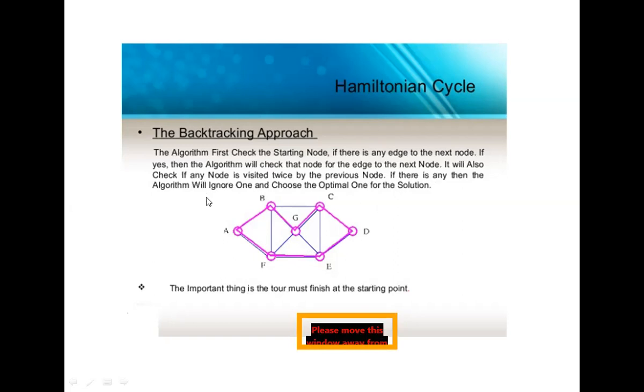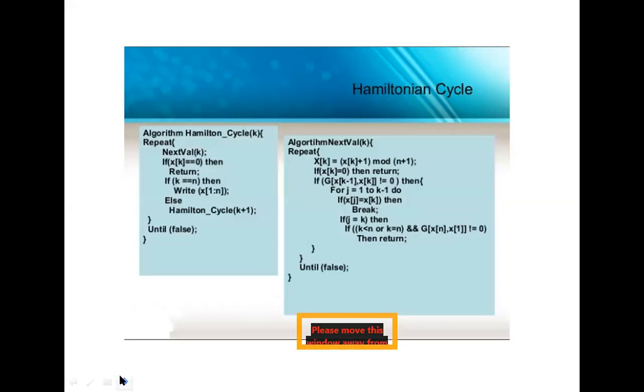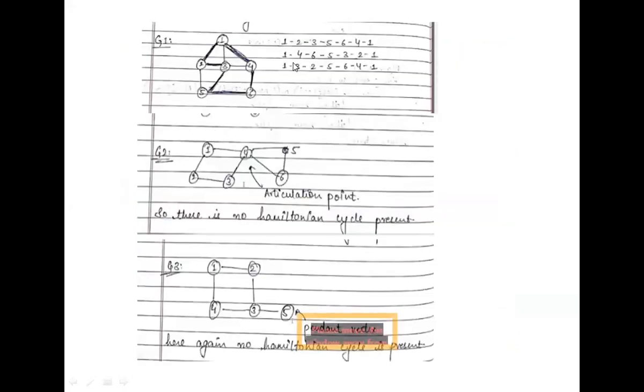If so, the algorithm will ignore it, choose the optimal, that is, you have to move backward. This algorithm is the same as the graph coloring algorithm we discussed previously, with some changes.